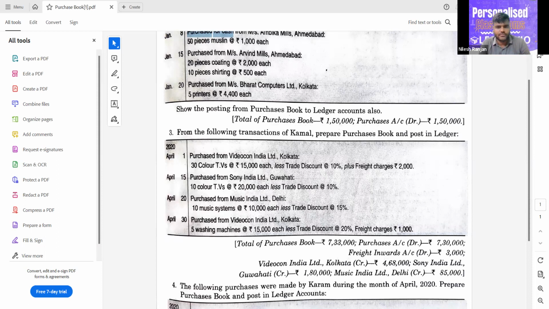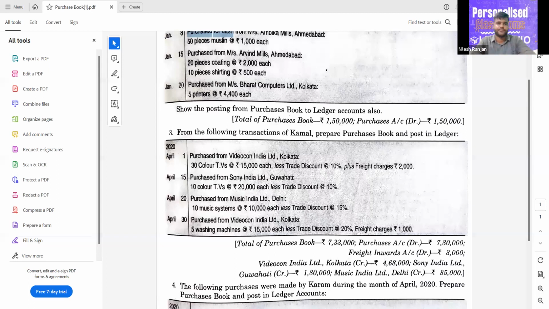Okay, sir. 1 minute, sir. Okay, sir. 4,07,000. Okay, in the cost column, there will be 4,05,000. In the freight column, there will be 2,000, and in the total column it is 4,07,000. Yes, sir.